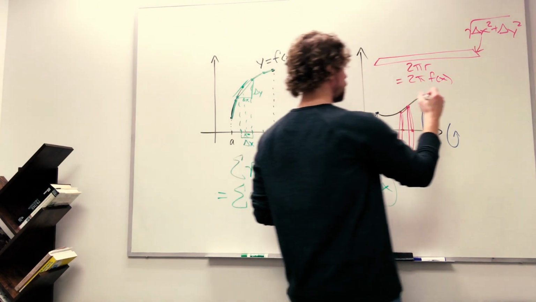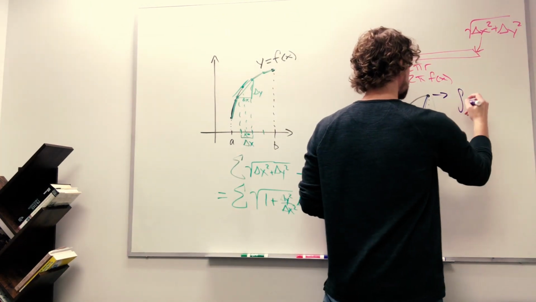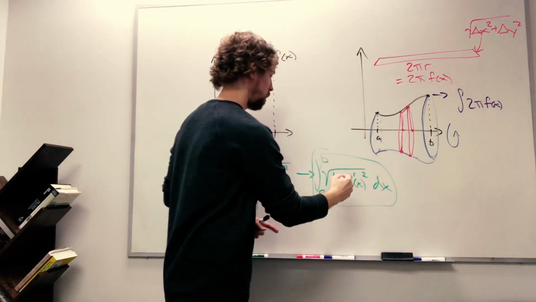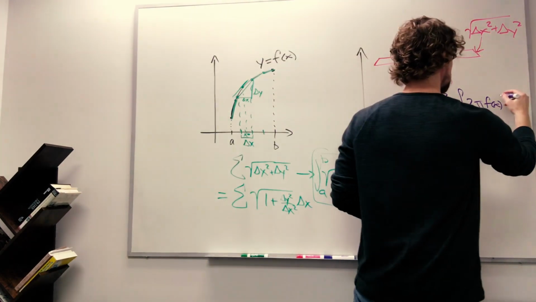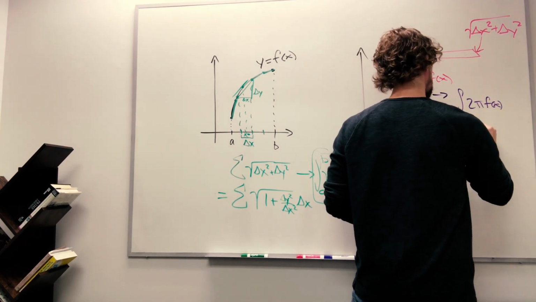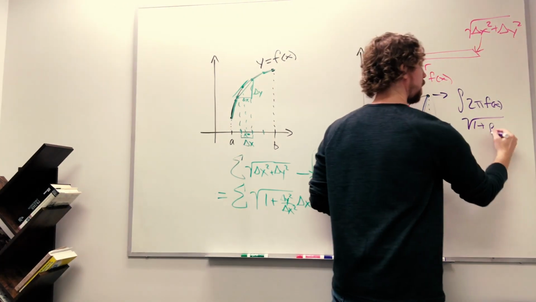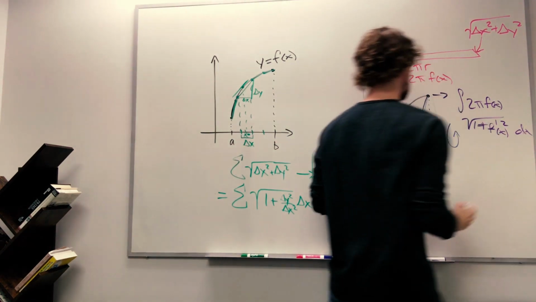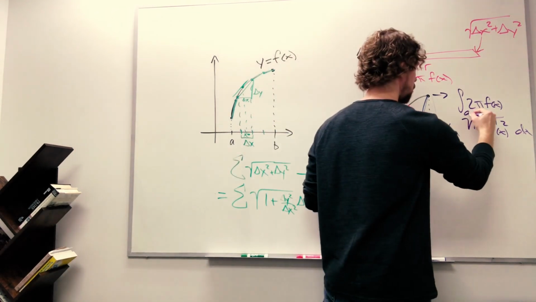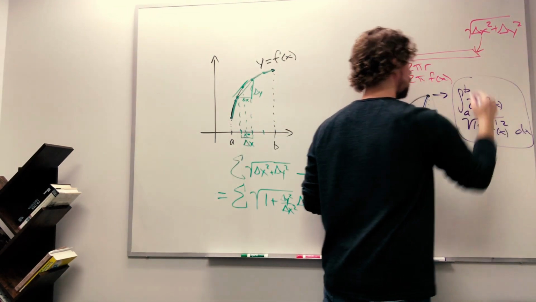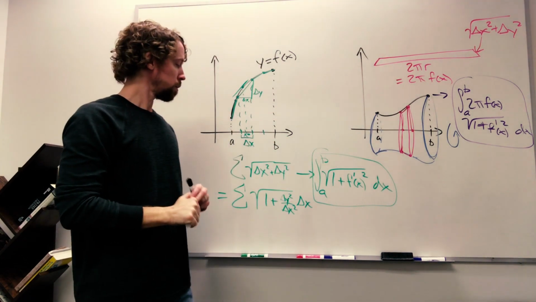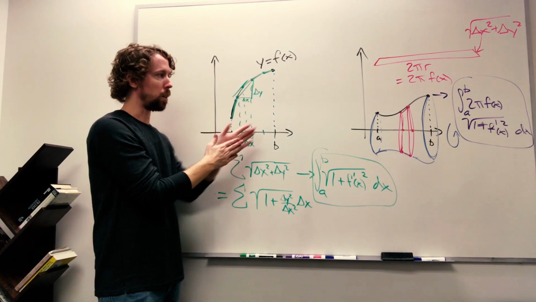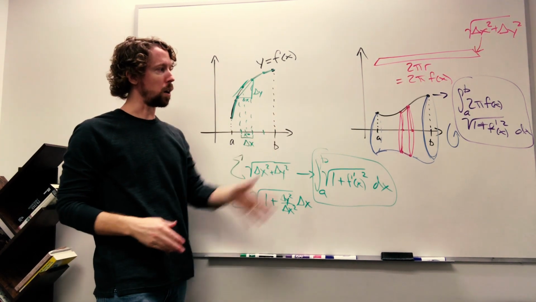So when you take that limit, you're going to get the integral of 2 pi f of x times this piece here. So I'm going to write it down here, times the square root of 1 plus f prime squared dx, and you're going from a to b. This is called arc length, and this is surface area for an object of revolution.